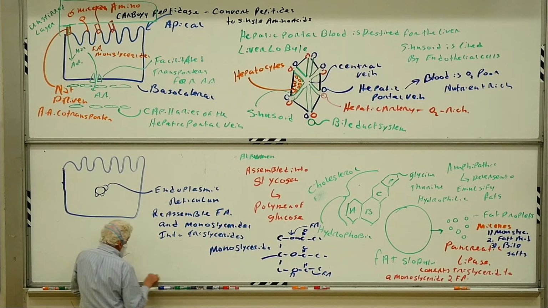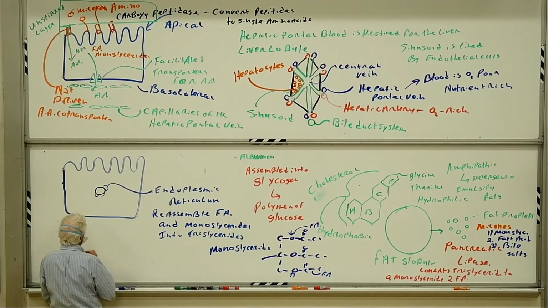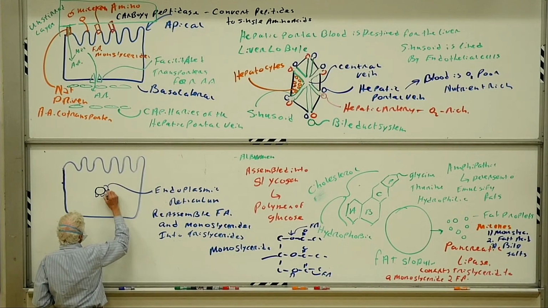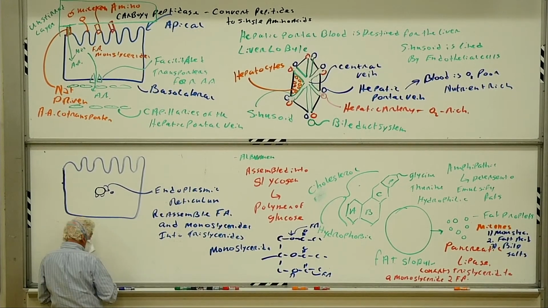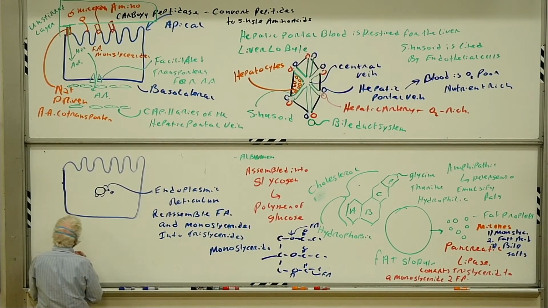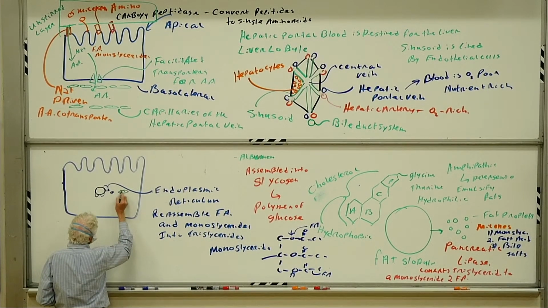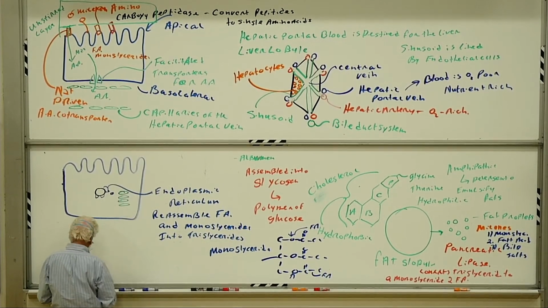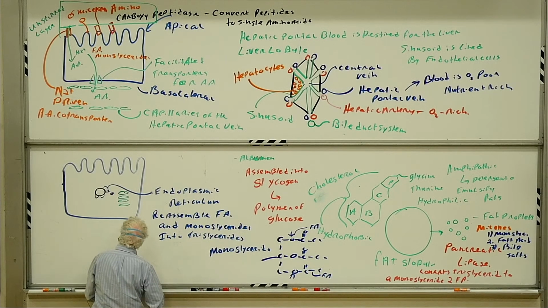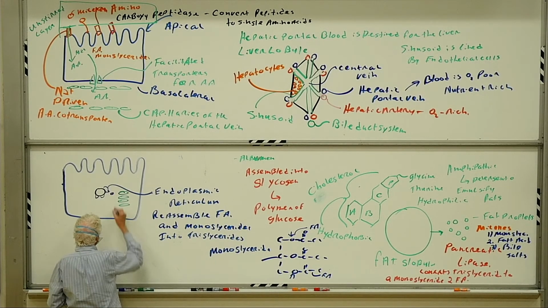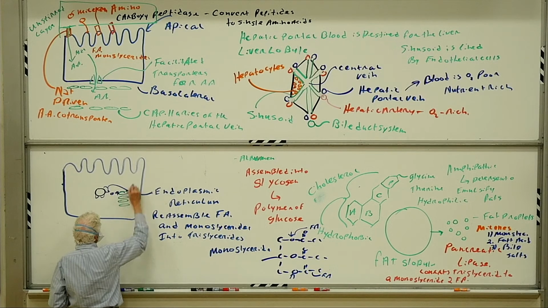And then vesicles will bud off from the ER, and they will then join a structure we've talked about before. This is, again, fundamental cell biology, where these vesicles now join the Golgi apparatus.